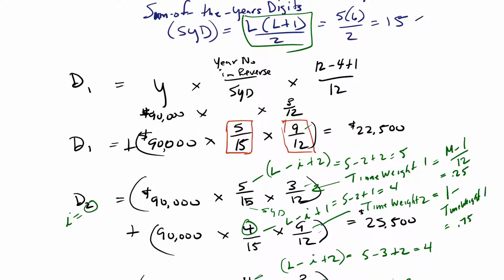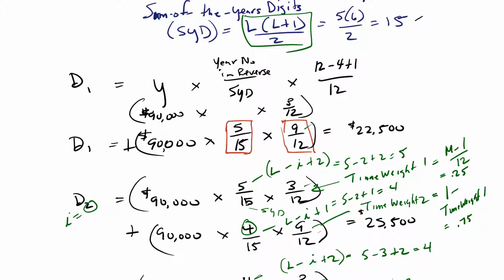But we want to create it in a manner where this first part of the calculation falls out. We can do that by making that first SYD fraction 0 for the first year.